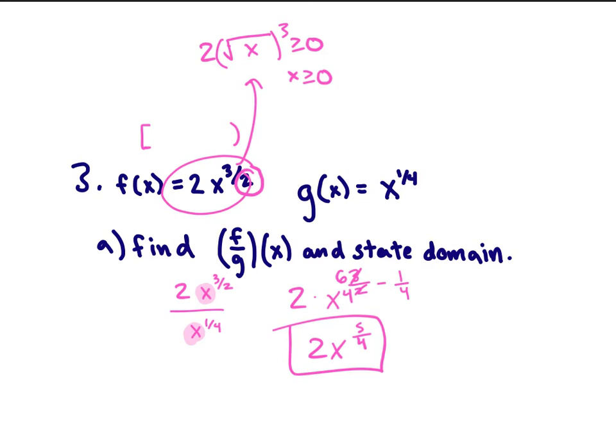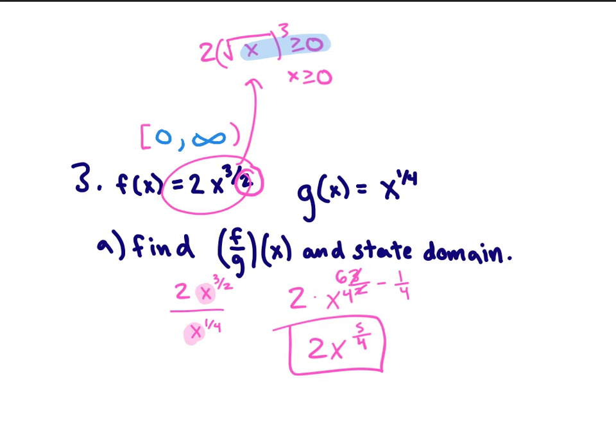X is greater than or equal to 2. But we just said x can be greater than or equal to 0. Oh. That 2 is not under the square root, so we don't care about it for our domain. We only care about what is under the square root. So it's just x is greater than or equal to 0. So our domain would be from 0 to infinity, because x can be anything greater than or equal to 0.